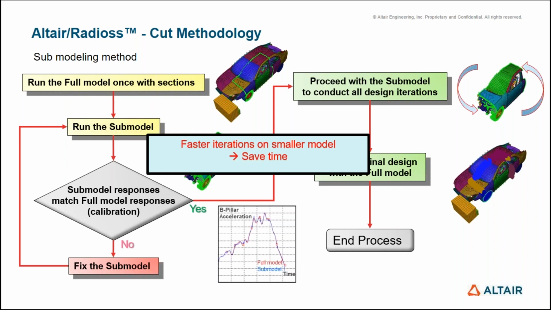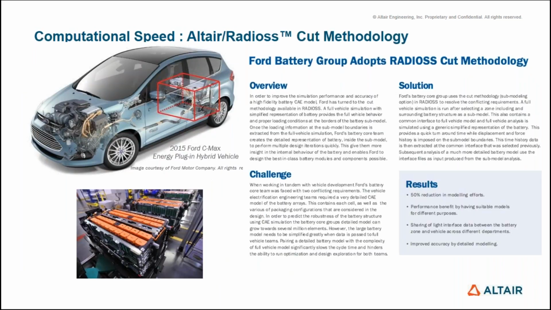The next one is a case study from Ford where they have used this kind of approach. They want to see the battery design. The objective is to check the battery design, but if you run the full vehicle model and want to include the detail level battery subsystems, the battery cell and battery packaging, then it is very difficult to include all these details.